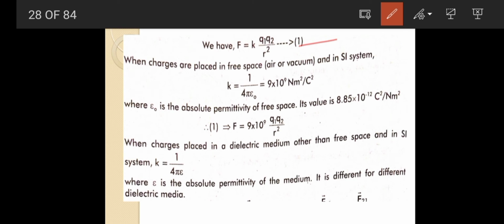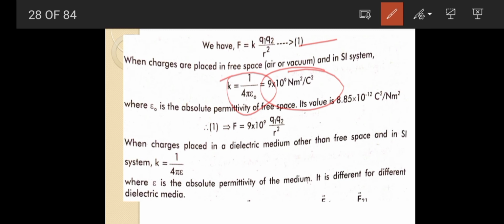Now when charges are placed in a free space or air or vacuum, the value of K is nothing but 1 by 4 pi epsilon naught. If the charged particles are kept in a free space or air or vacuum, then its K value will be 9 into 10 to the power 9 Newton meter square per Coulomb square.